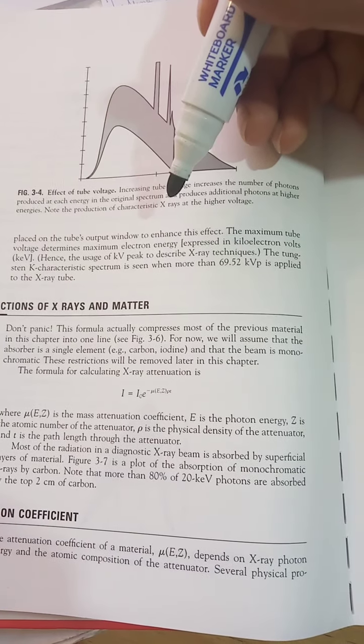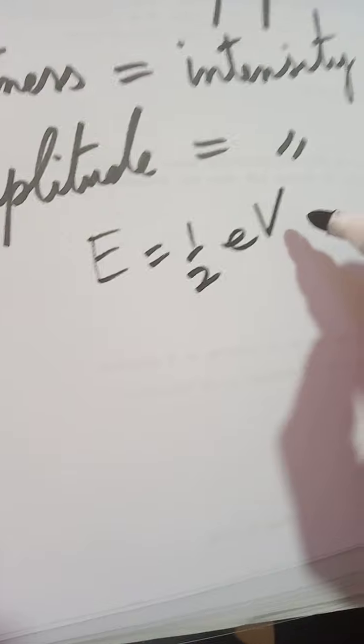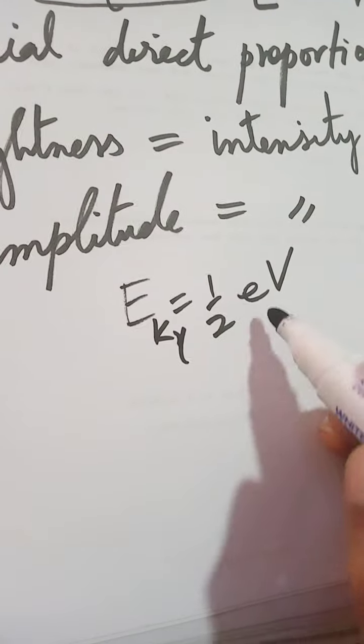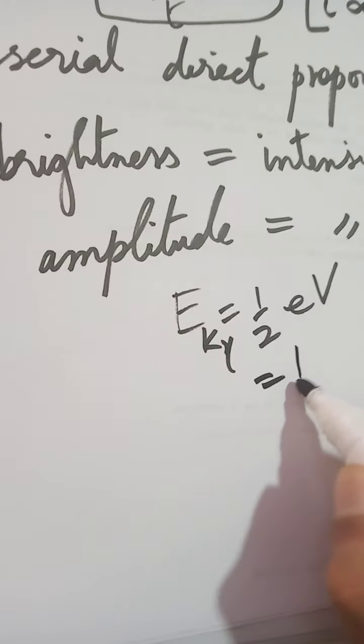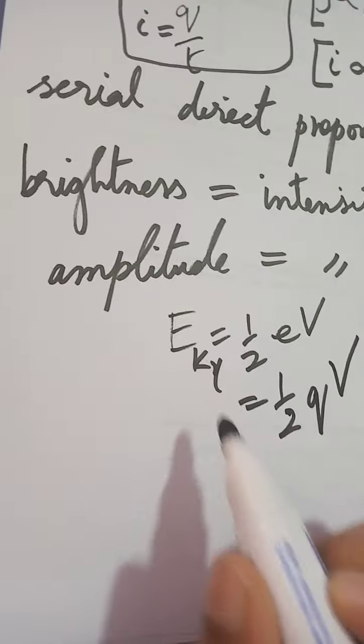The maximum tube voltage determines maximum electron energy because of this formula: the kinetic energy is half times E times V, or half QV.